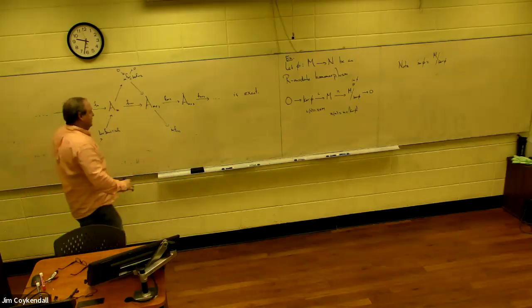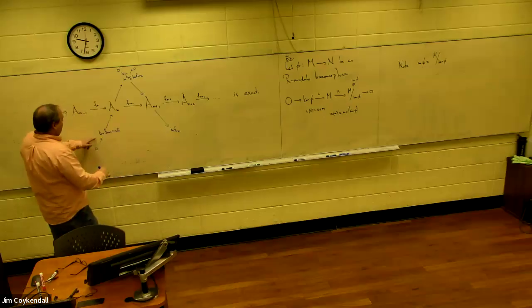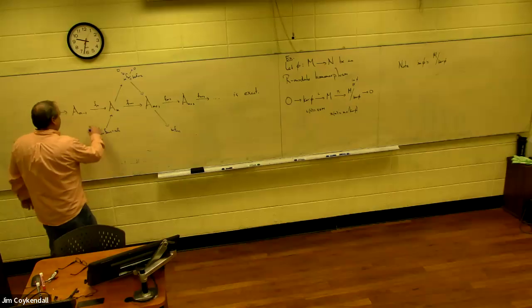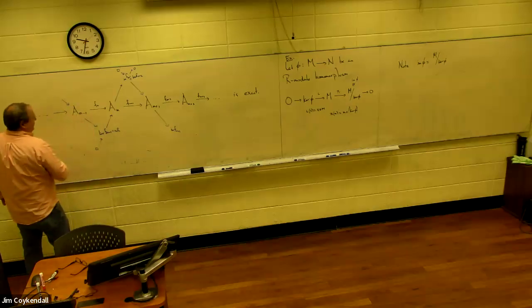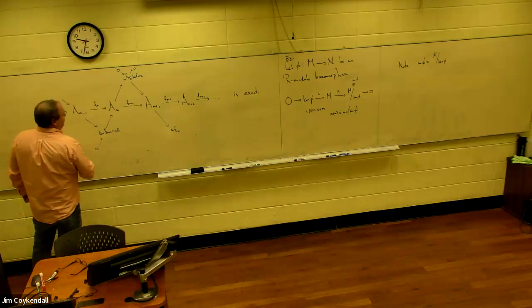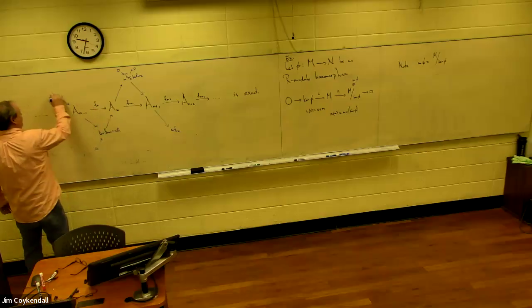And by the same token, if I think of this, instead of the kernel of Fn plus one, as the image of Fn, this should be the image tail. This is the kernel of Fn.